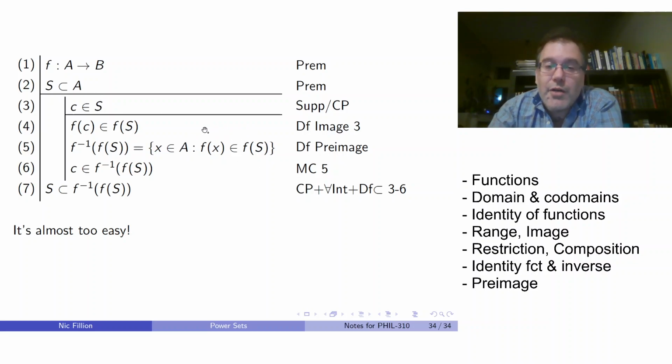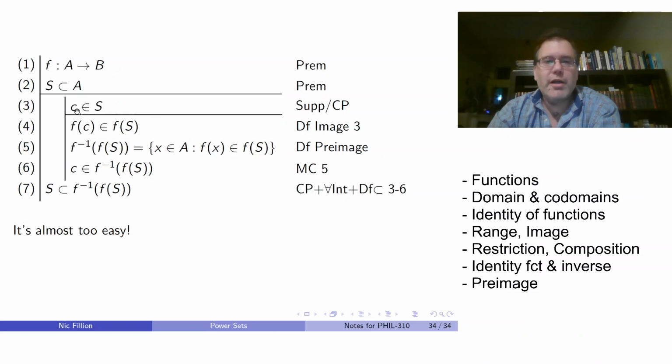But I also need to know that F of X, here F of C, is in the image of S under F. Now, if C is in S, again, go back to the definition of the image, that means that F of C is in F of S, right? So the value of F at C is an element of the codomain, which is in the image of S under F. So from 3, 4 follows directly.